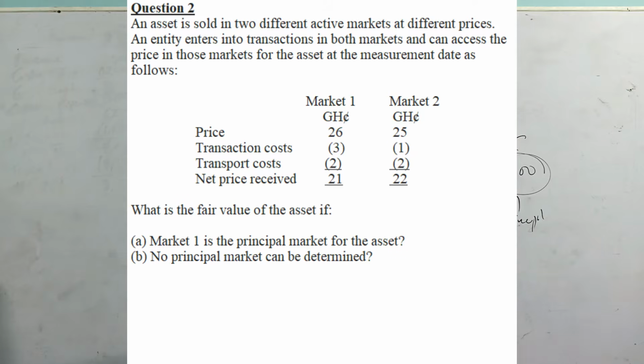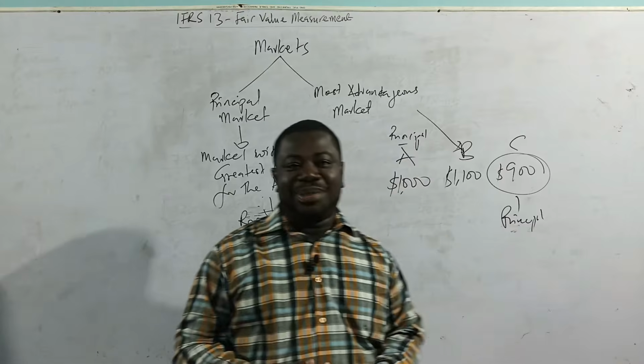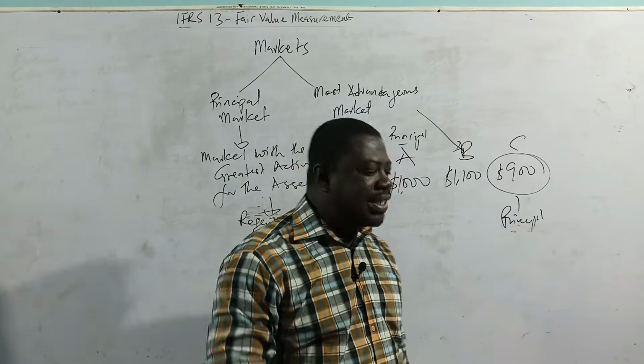We continue. What is the fair value of the asset if A, market 1 is a principal market for the asset, B, no principal market can be determined? So this is a very simple question, but I want you to understand something.